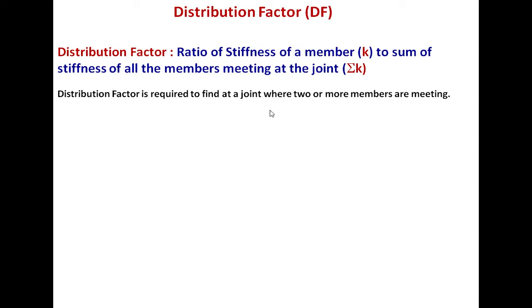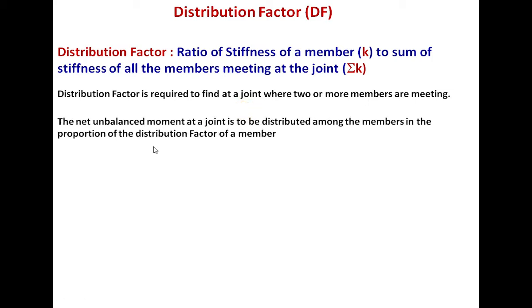It is very similar to distributing the property of a father among the sons. If the number of sons is 2 or more, the property is to be distributed. So here the net unbalanced moment at the joint is to be distributed among the members in proportion to the distribution factor of the member.